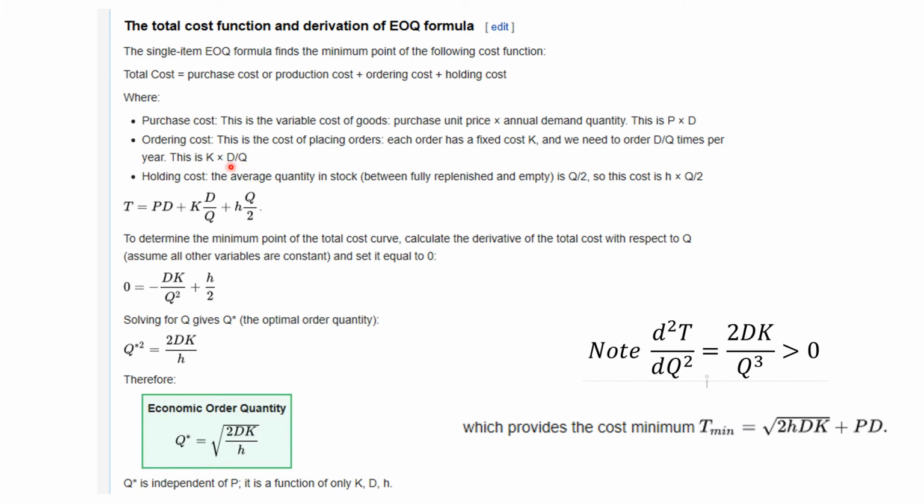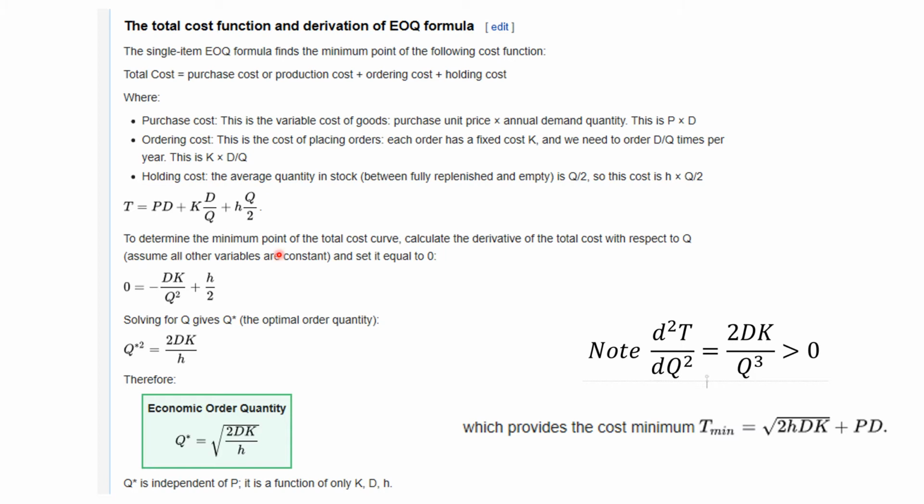So that logic tells you that the number of times you order is D over Q. Then we also have a component for the holding costs. So here we have the ordering cost, D over Q times we order times K, and the holding cost is the average quantity in stock. If you're replenishing between being full and empty, the average amount is Q over 2. So this cost is going to be H times Q over 2. So we've explained this equation.